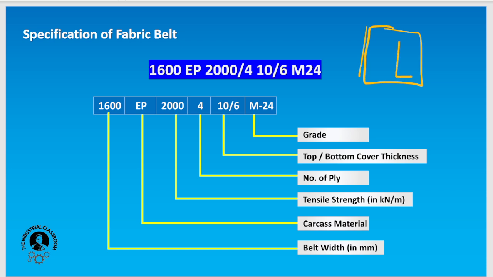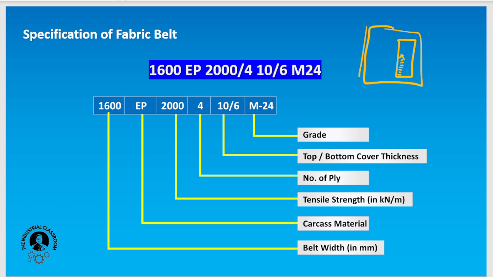On the side of the belt, we can find a print, an impression which contains the specification of the belt, and therefore recognizing the specification helps us to identify the type of belt we have. Right? So first, let us learn about the specification of fabric belt.